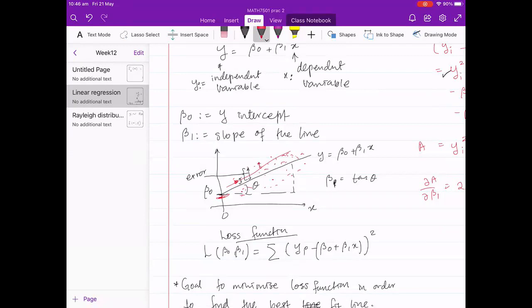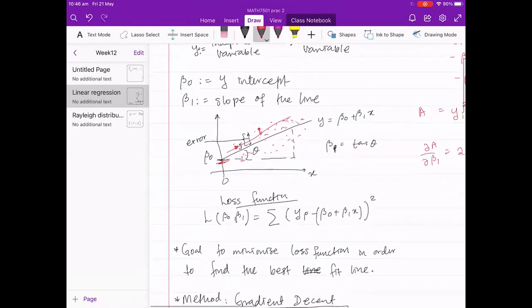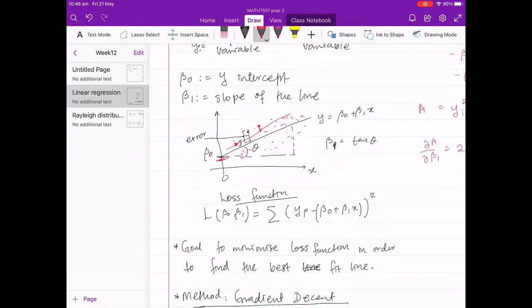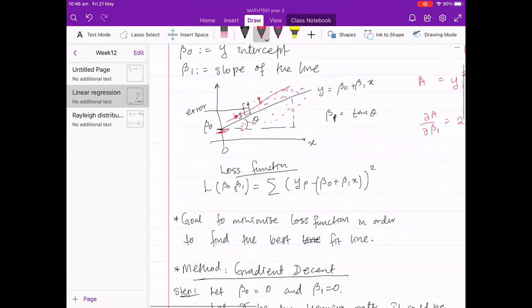The differences between those points and the line are called errors. So the aim of linear regression is to find which beta 0 and beta 1 gives you the line with the minimum error. That function is called the loss function.